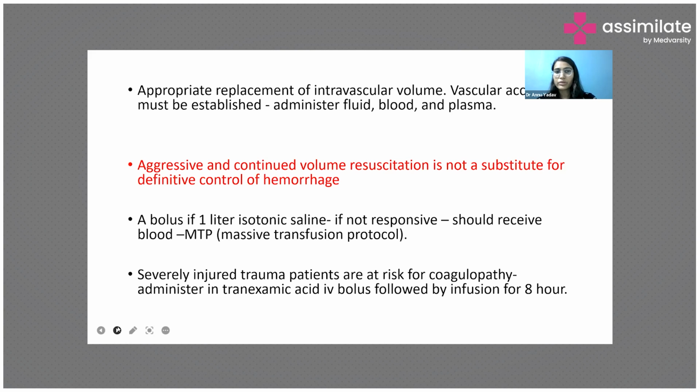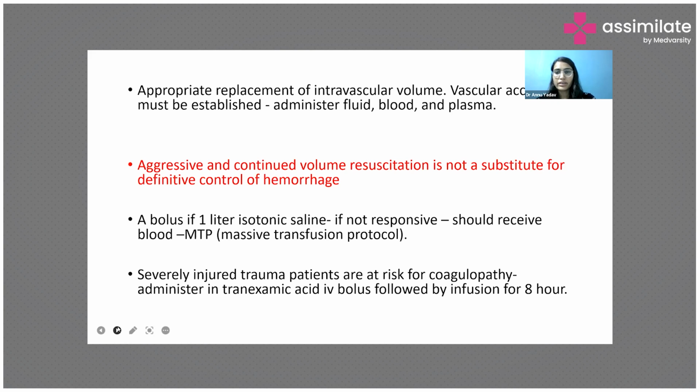Now, in hemorrhage, we are losing blood. So in these patients, we are early at a stage of coagulopathy. The patient is already at risk of coagulopathy. If we transfuse more and more fluids only, then the patient might land up in DIC later on, and the critical patient will be hampered in this situation.